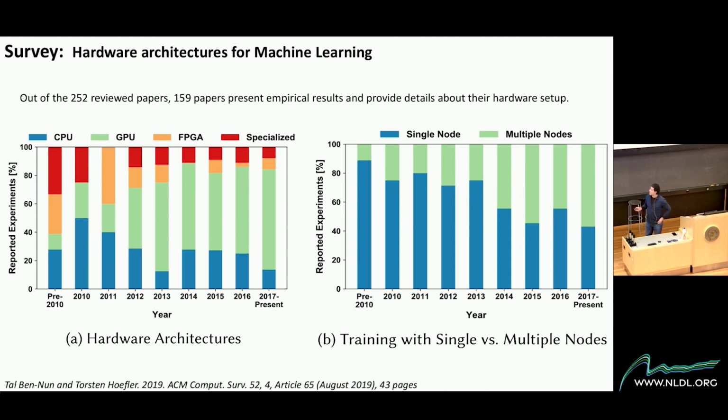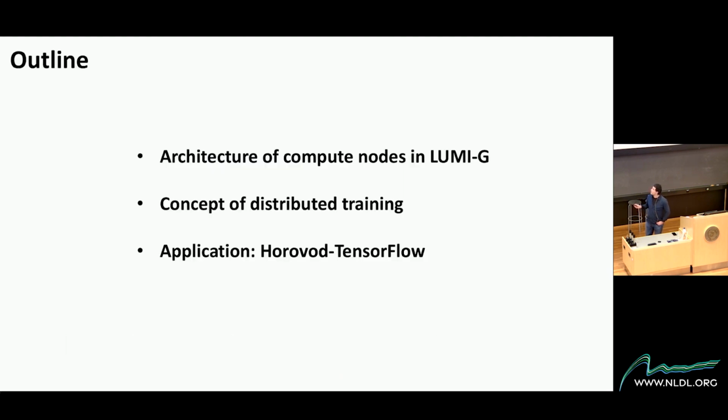So that's why this presentation will cover 3 parts. In the first part, we'll talk a little bit about a compute node in an HPC system, mostly the supercomputer LUMI. Then I will focus on the concept of different distributed training architectures. Understanding the concept is very important, especially when you are using a framework.